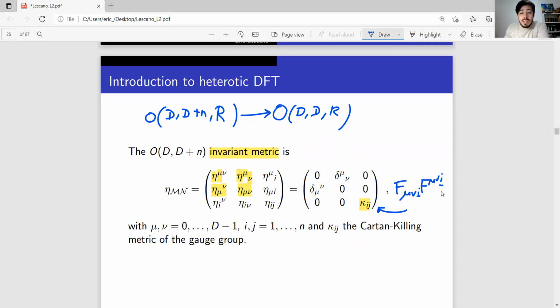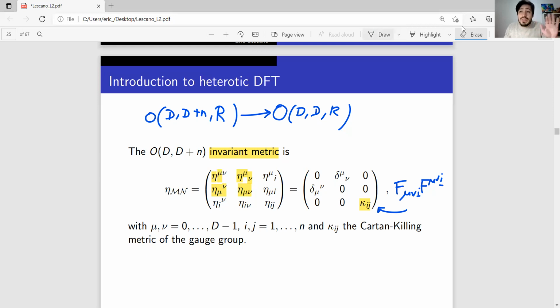Let's observe that all these objects are constants. So all our symmetries, all our constraints, all our equations must be consistent with this invariant metric group. This is constant, so the derivative of this eta MN is 0. The transformation under all the symmetries is 0. We need compatibility with this invariant group metric. Here mu, nu and I are the supergravity indices.